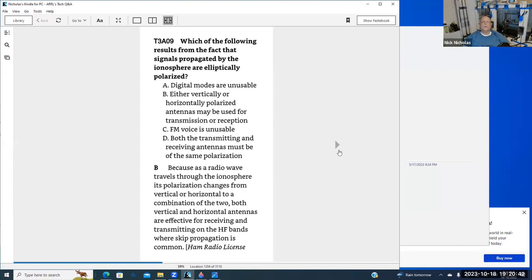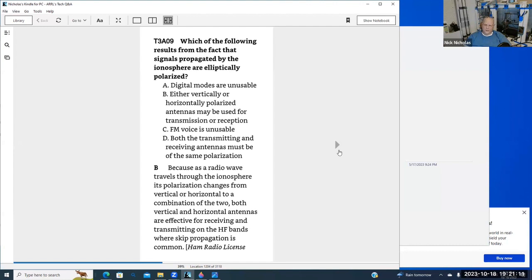Because when a signal bounces off the ionosphere, it really doesn't come back vertical. It really doesn't come back horizontal. We don't have antennas that can actually make this signal, but it actually comes back as what we refer to as elliptically polarized, or I like to think of it as being an off-angle signal. It's somewhere in between horizontal and vertical.